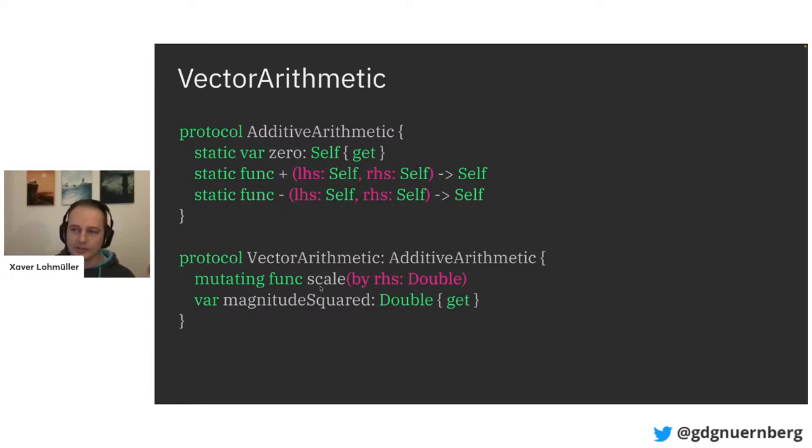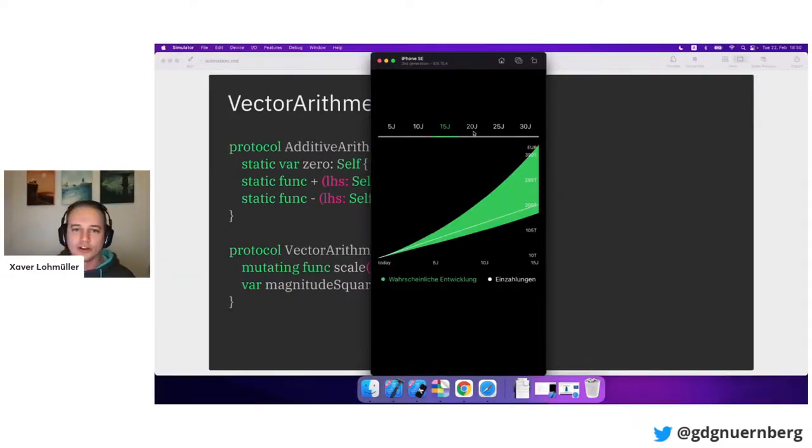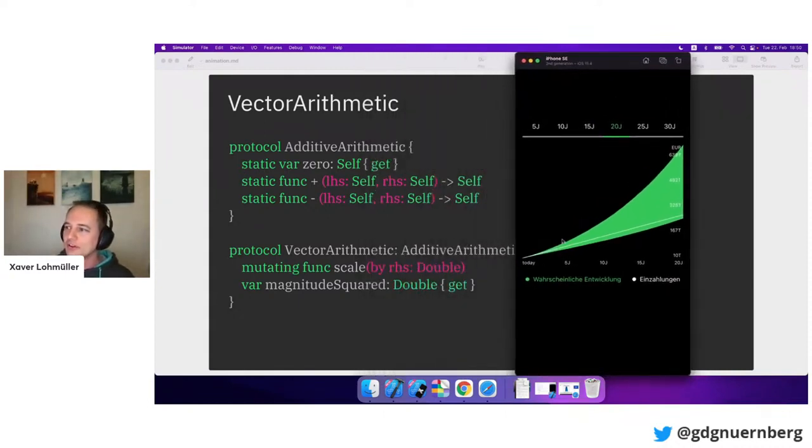And I think that's the thing that SwiftUI does to animate stuff. And also then there's the dot product. I'm not sure why you have to implement this, but it sort of belongs to a vector. And once you do that, then you get all this animation goodness for free. You sort of have to think about what it means to add two charts together. But once you figure it out, then you get this animation.